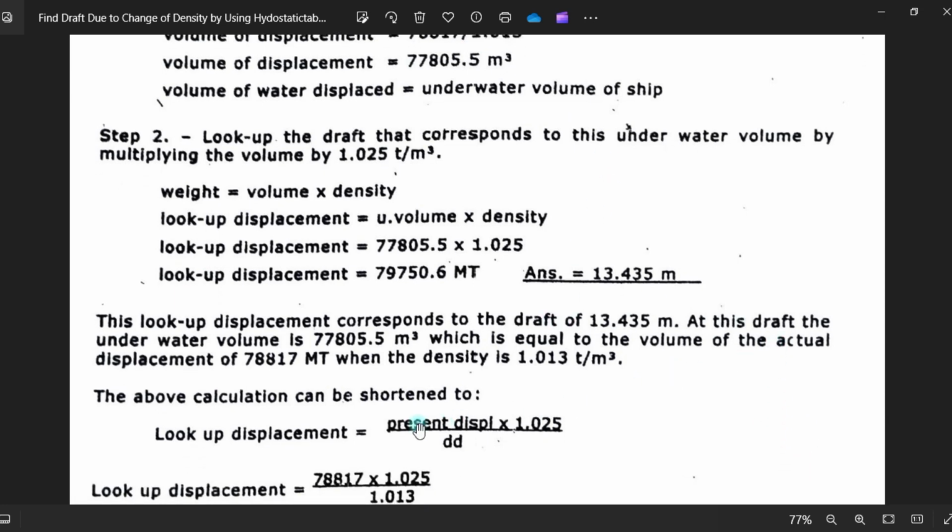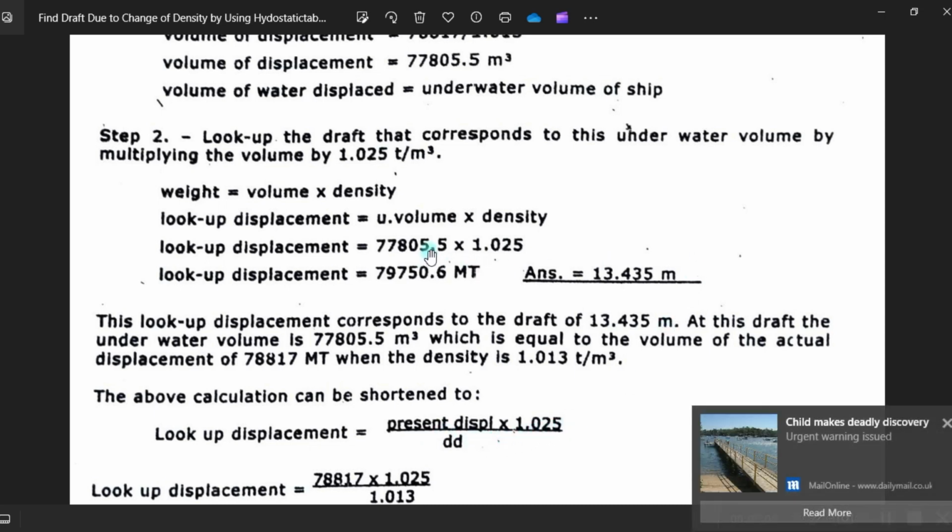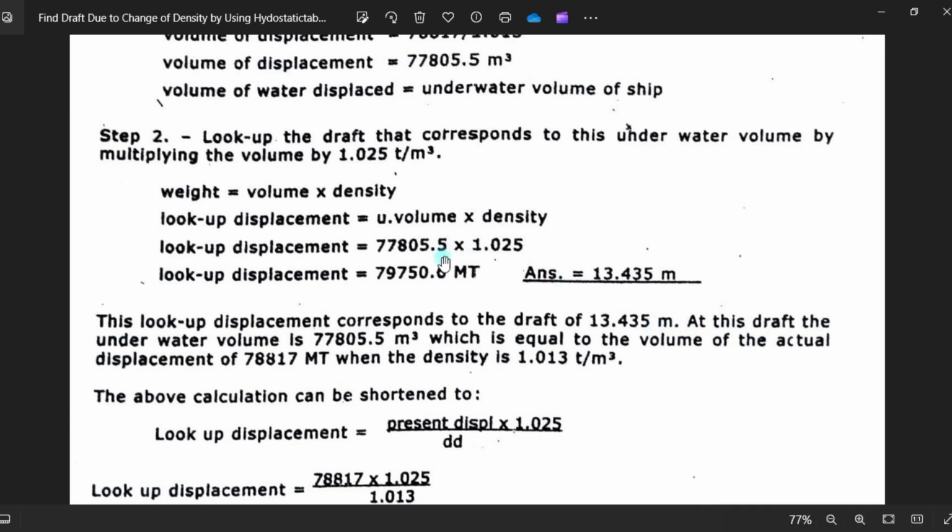The above calculation can be shortened to: the lookup displacement is the present displacement times 1.025 over the dock water density or the local density, which is 1.013.